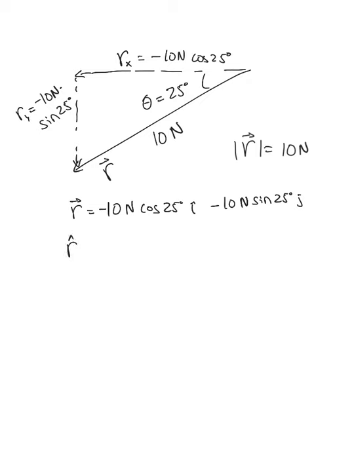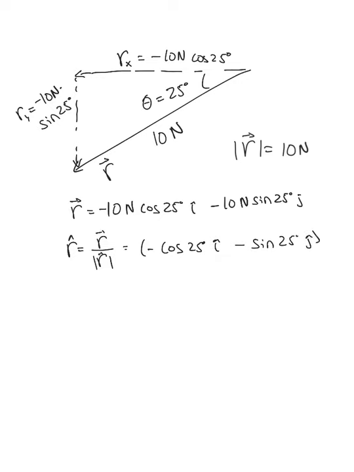And I can use exactly the same formula that I used before. I can say that r hat equals r vector divided by the magnitude of r vector, which looks like the thing I just wrote divided by 10 newtons, which looks like negative cosine of 25 degrees i hat minus the sine of 25 degrees j hat.